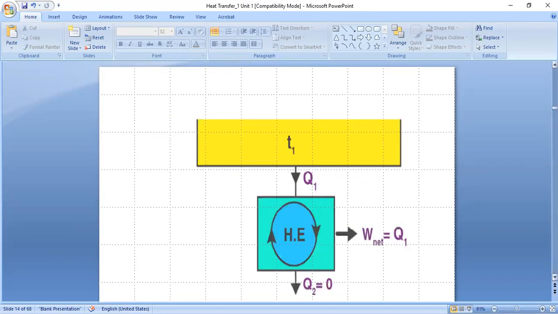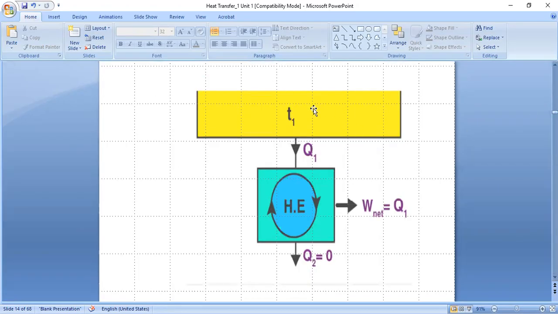See here, say this is T1, this is the main source, this is the heat engine. See, the main source of fuel, once the fuel is consumed in the heat engine, then the heat engine will move the piston from upstate to downstate, then the energy will be converted. Once energy is converted from source to sink, then the heat engine can get output from the work.